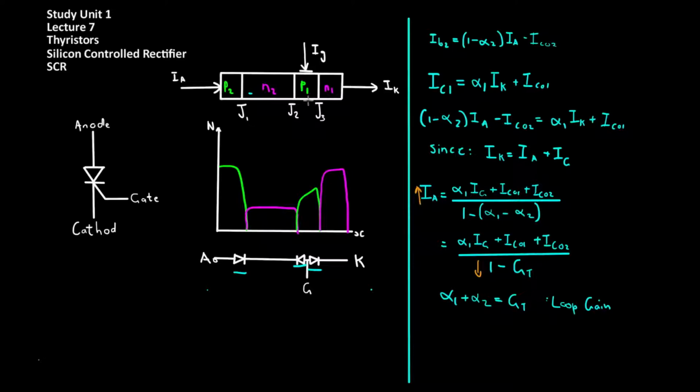There is more than one way to latch the SCR into the on position, other than injecting current in at the gate. If the voltage across the anode and cathode is large enough, then this will cause avalanche breakdown at the central junctions, which is enough to start the regenerative process and essentially drive the alpha values up, driving the loop gain towards 1 and thus turning the device on.